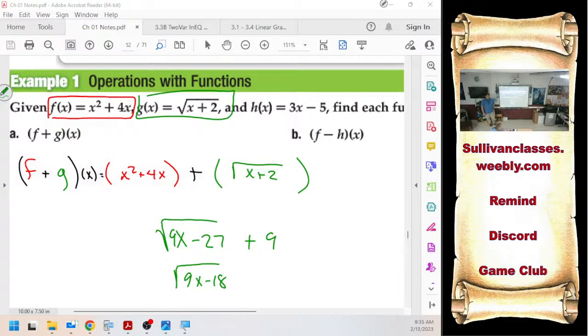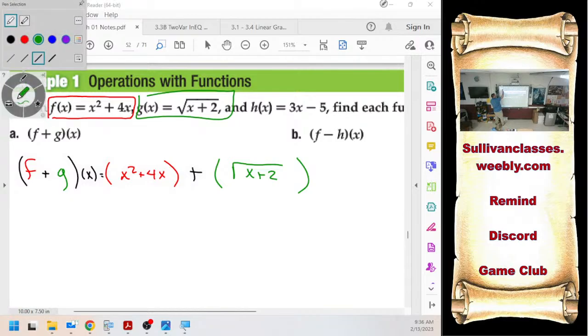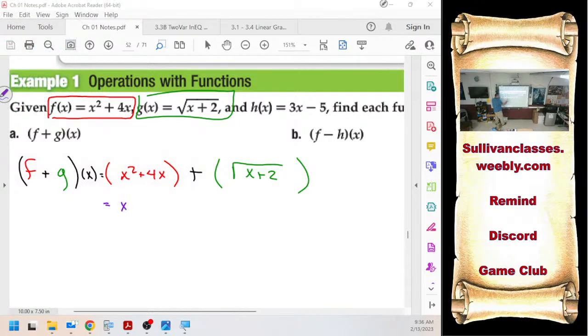That's freshman math right there. Okay. So be careful. All 3 of these are not like terms. So my answer is just that. It's just done. X squared plus 4x plus square root of x plus 2.